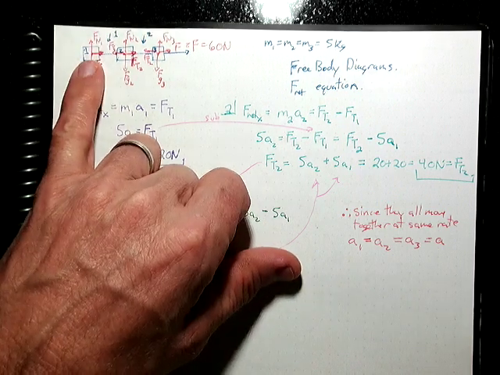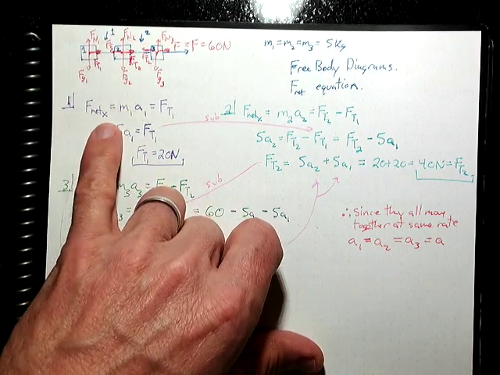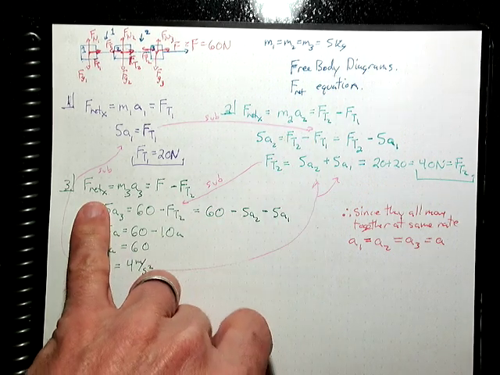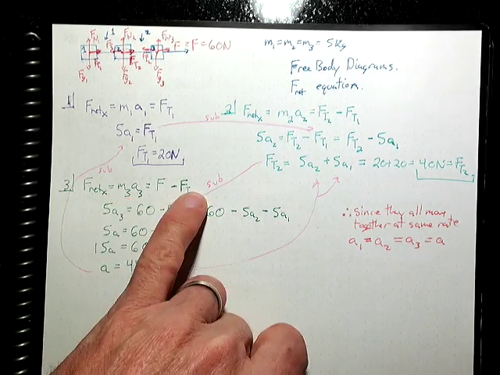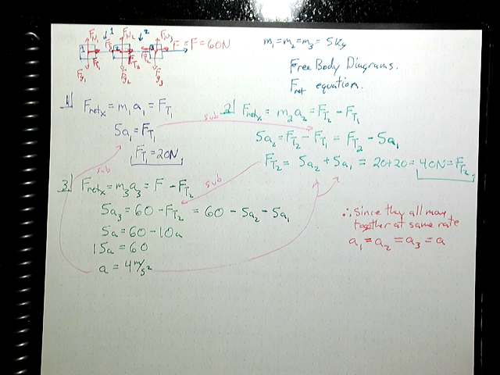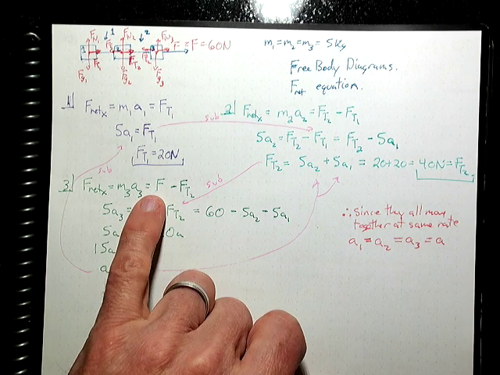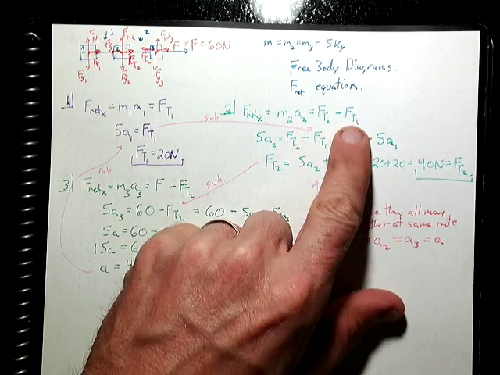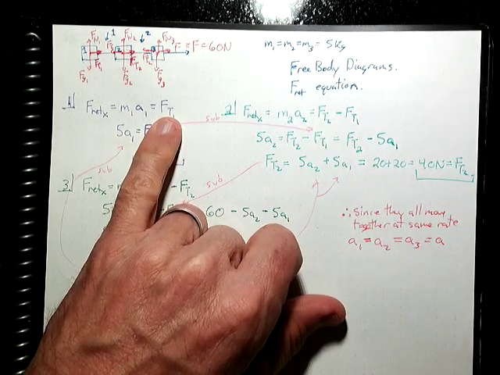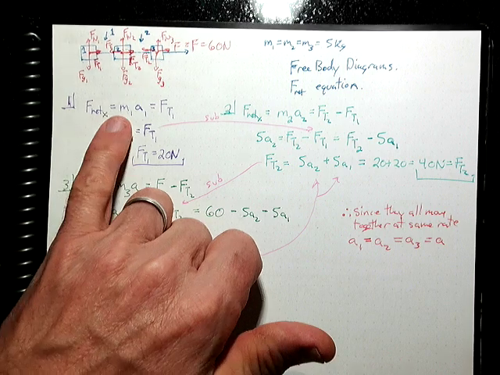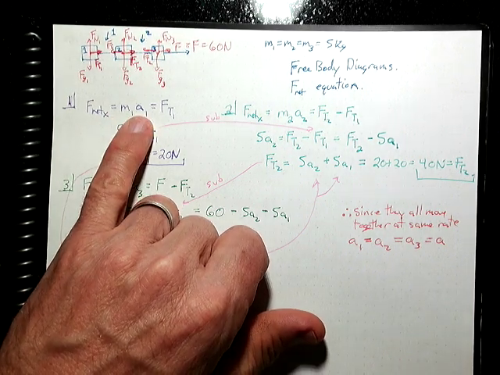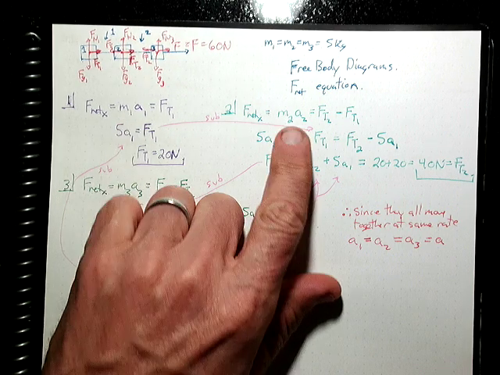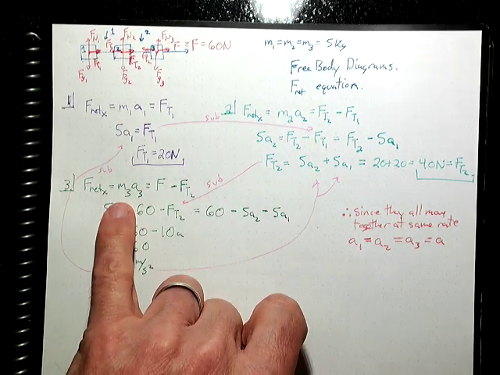So we took the stuff in the x direction and put it into an F-net x. If it went to the right, it was positive. If it went to the left, it was negative. It equals the total mass times the net acceleration of that object. So in this case it's m1, in this case m2, in this case m3.